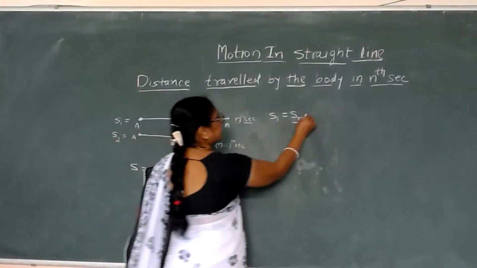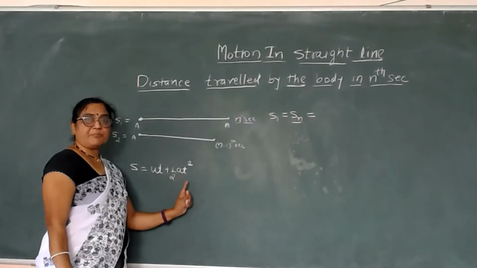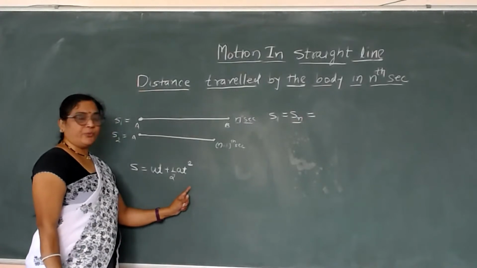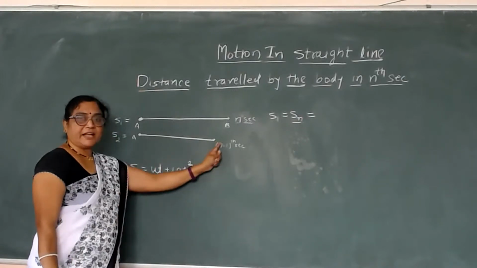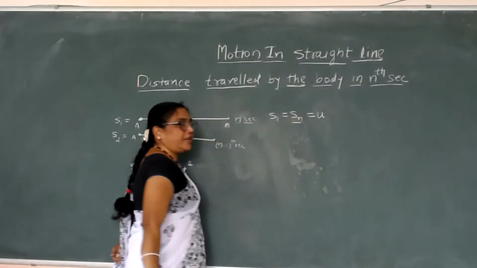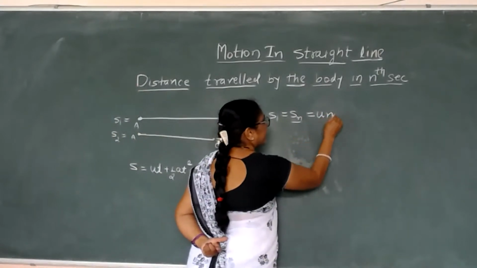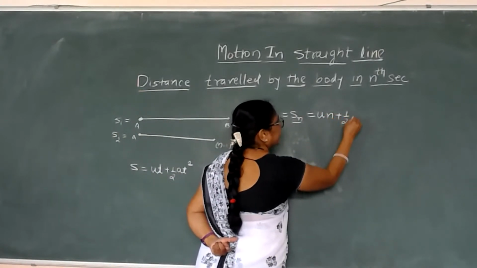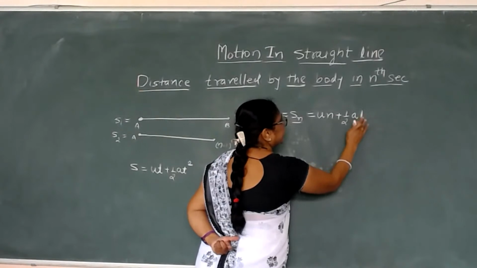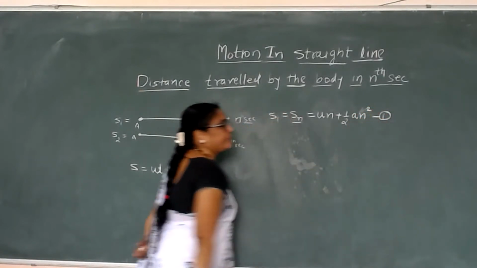Therefore, we know that s = ut + half at square. So substitute the value, where t means n. So s = u, the initial velocity, times the time n, plus half into a into n square. Suppose this is equation number 1.